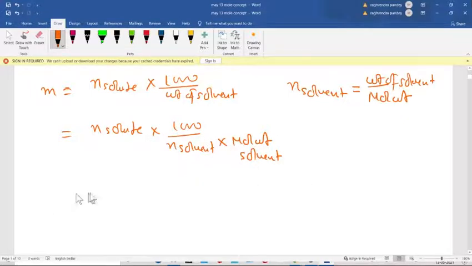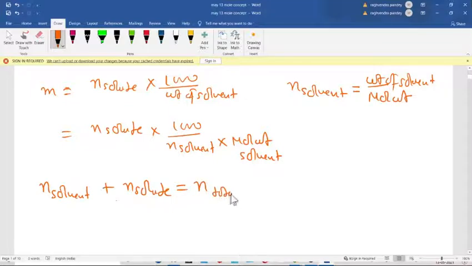Then suppose in a solution there is n moles of solvent plus n moles of solute. So solvent plus solute is your total moles.